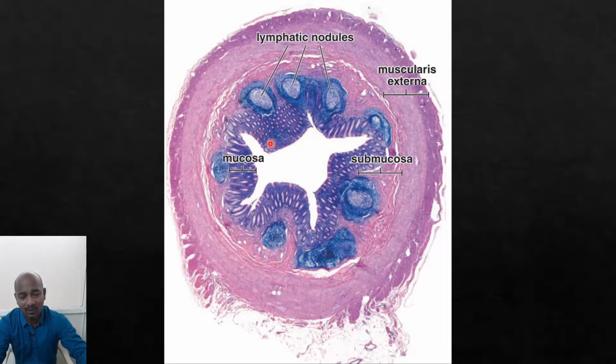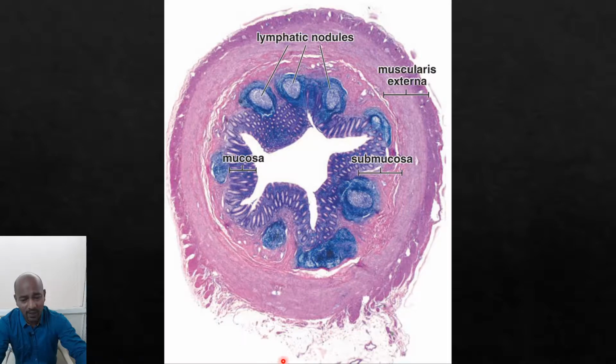So there is extensive infiltration of lymphocytes into the mucosa, and under that muscularis mucosa you have this connective tissue layer, which is the submucosa, in which you will find another nerve plexus and blood vessels and nerves, and then you have the muscularis externa, which has an inner circular layer and a continuous outer longitudinal layer, except in some places where it may be deficient.